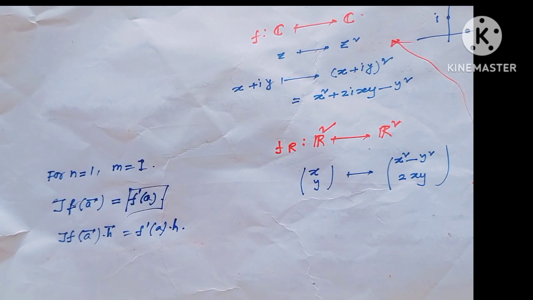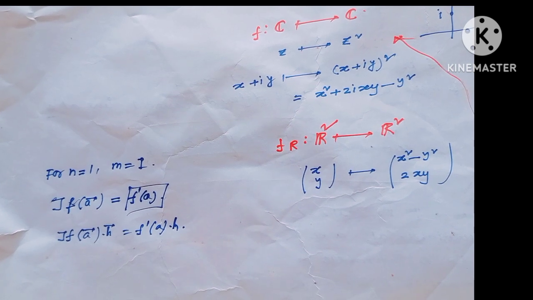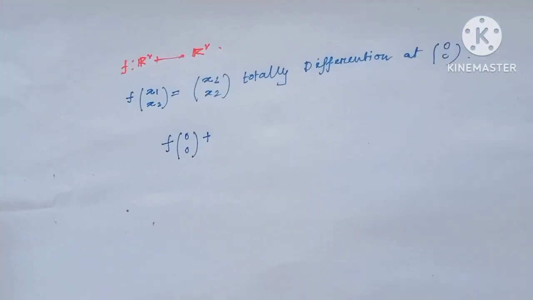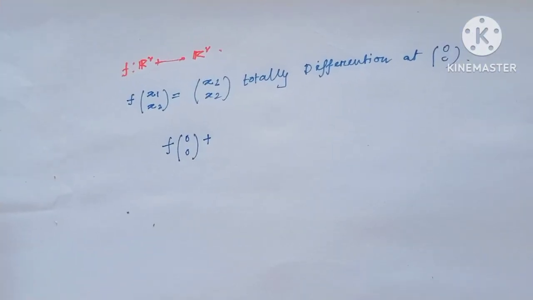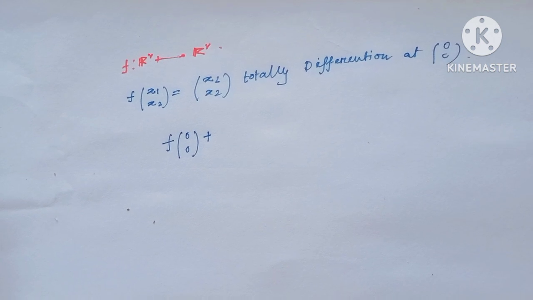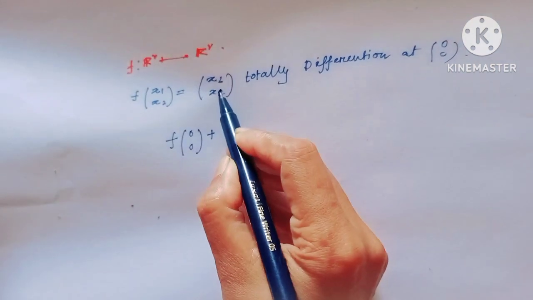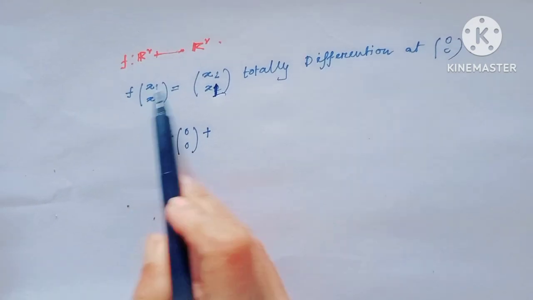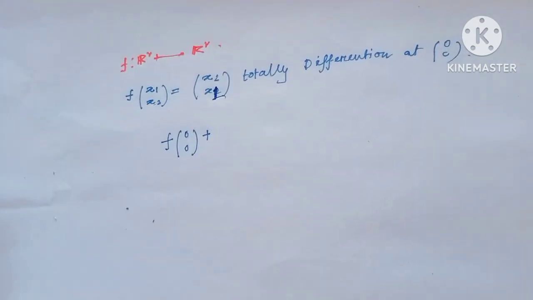So I will see one example which is defined from R2 to R2. Consider one function f which is defined from R2 to R2, and the function is of this type: f of x1, x2 equals x2, x1. Notice x1 maps to x2, x2 maps to x1.